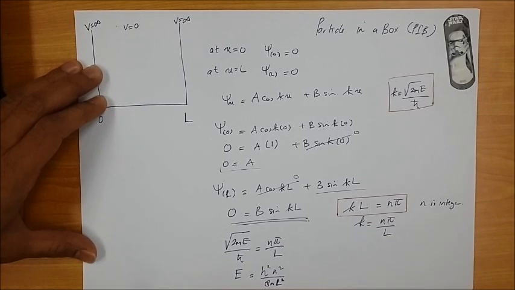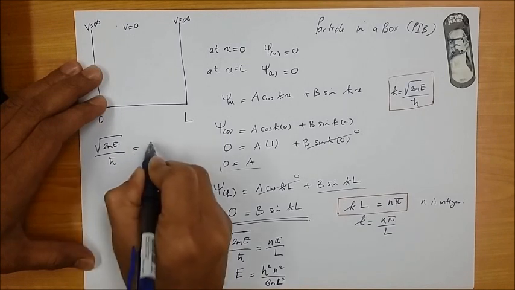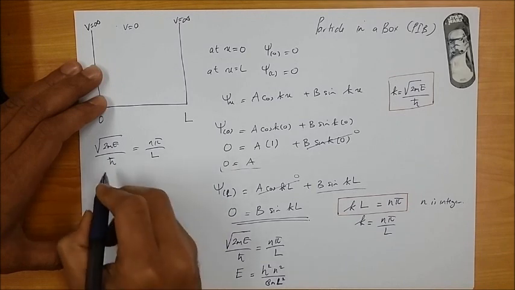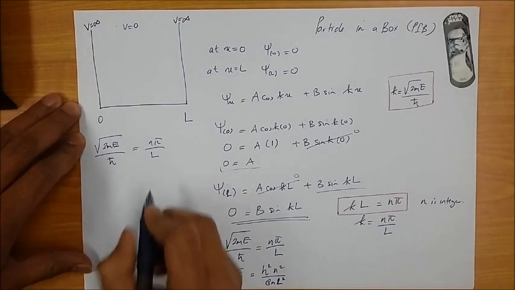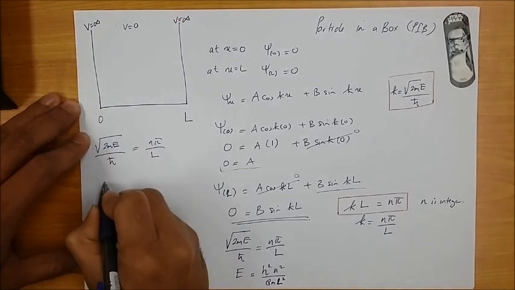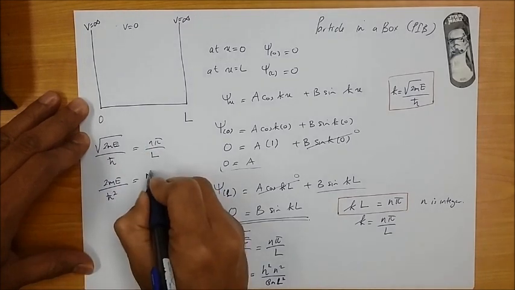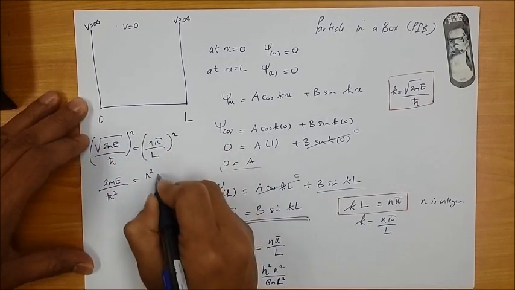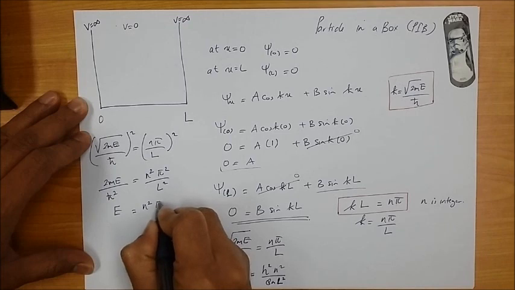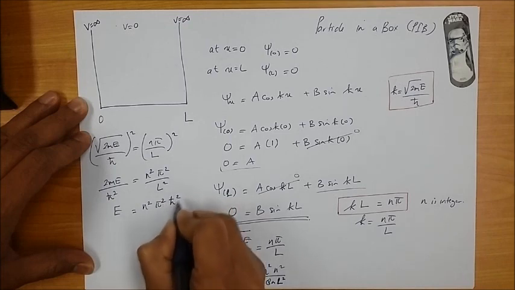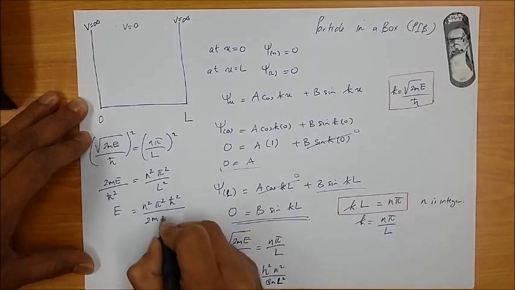Okay, let's elaborate here. If the square root of 2mE over h bar is n pi over L, and you want to find the energy of a particle in a box, we have to square this: 2mE over h bar squared, and this is also squared, n squared pi squared over L squared. So E would be n squared pi squared h bar squared over 2mL squared.